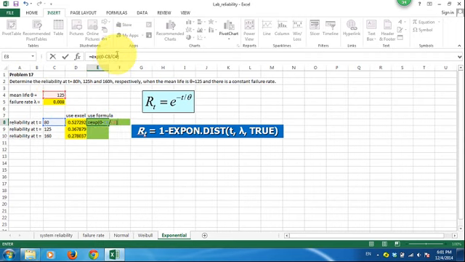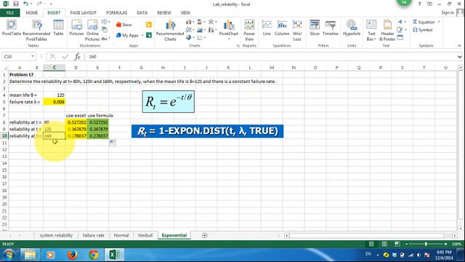Of course I want to fix this theta because the mean life is not going to change, so you press F4. Then you can copy this formula down for all the following cells, and therefore you can obtain the reliability at t equals 125 and at t equals 160. Either way you will obtain the same number, and you can always use the one that you feel more comfortable with. That's all for today's lab.